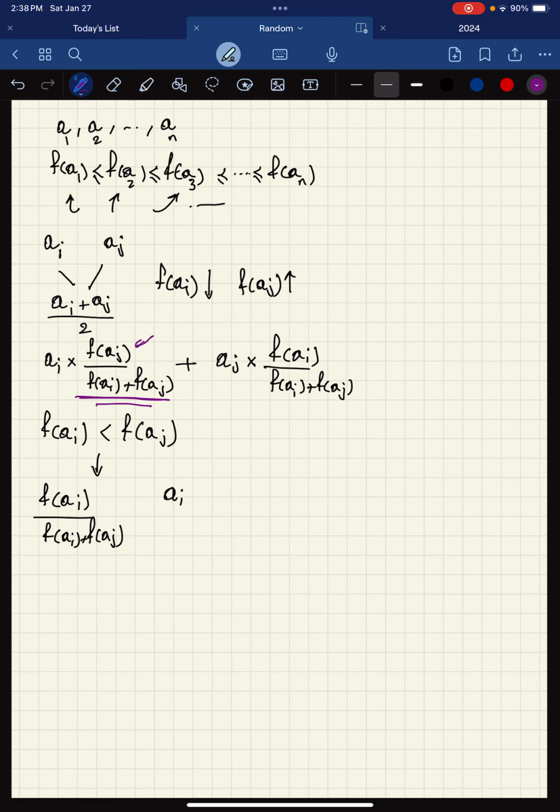So the better the result is for one of them, the more likely it is that we are going to pick them. And the new number that we generate is going to be closer to the number that gets the better f function. And this is the principle that we're going to use.